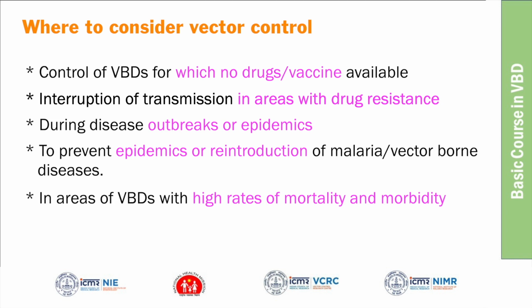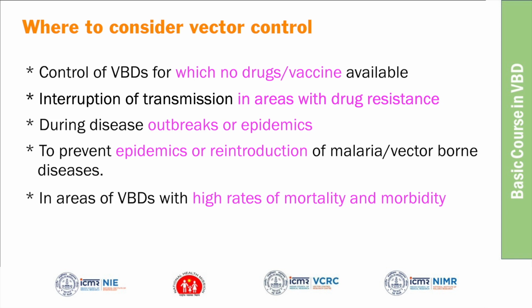You know that for dengue there is no successful vaccine. Even for malaria, they recently introduced one, which did not come to India, but it has only 30% efficacy.